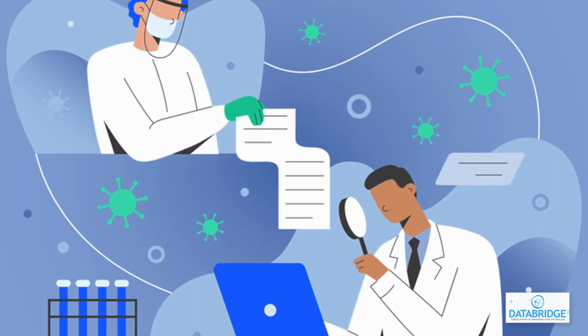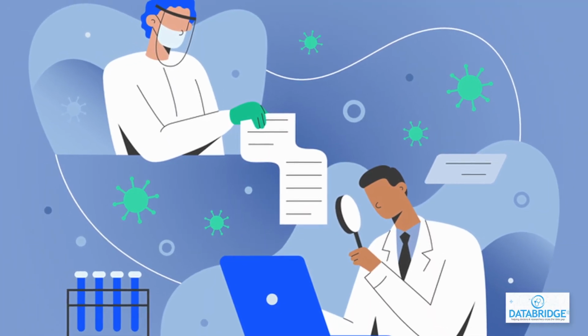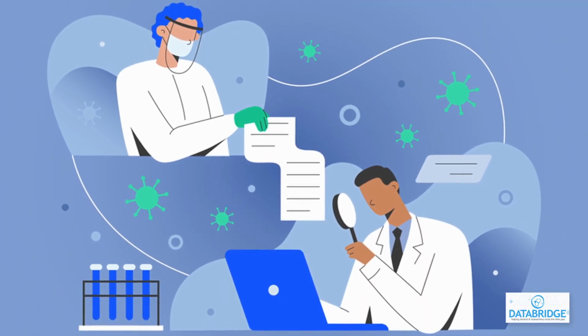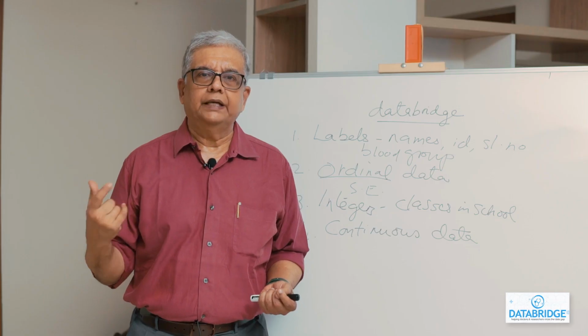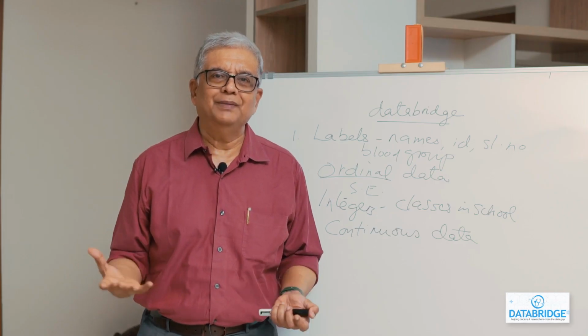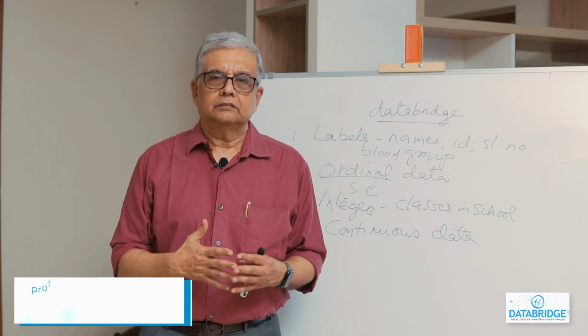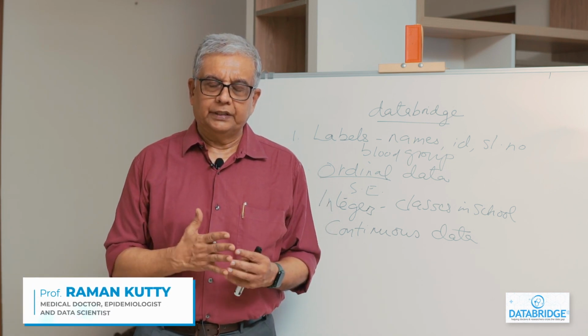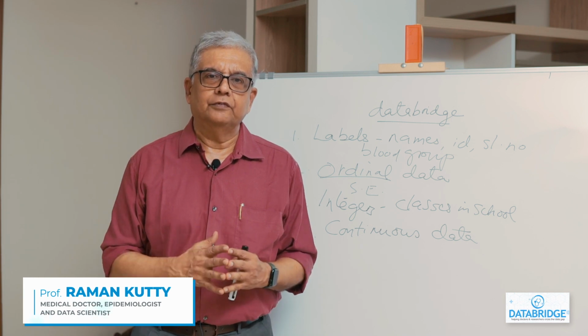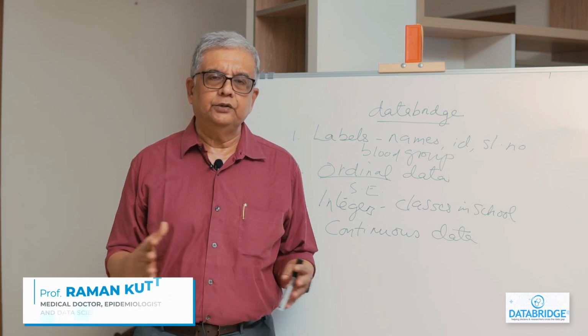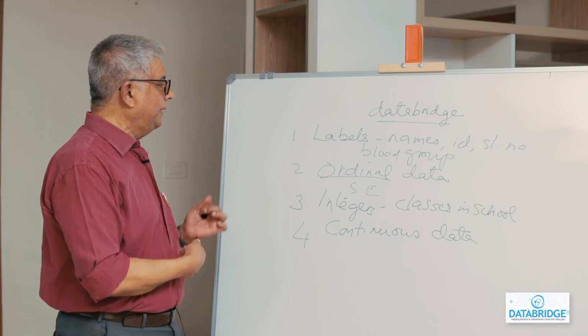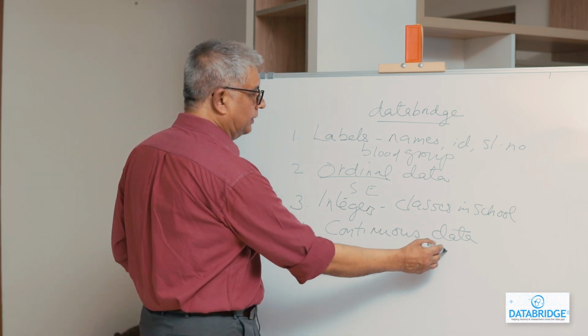So your limitation is only the instrument that you are using, the capability of the instrument to make finer and finer measurements will be the limiting factor. So that is the continuous data. You can describe the variable in the data in a continuous fashion. So these are the 4 main types of data that we deal with.